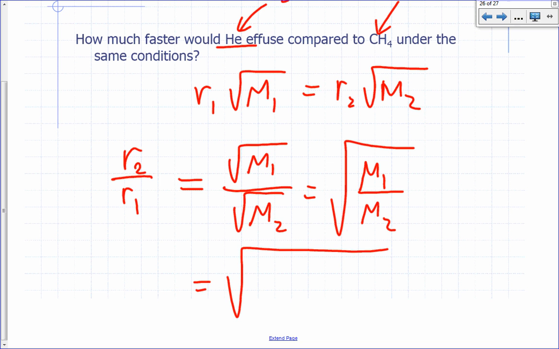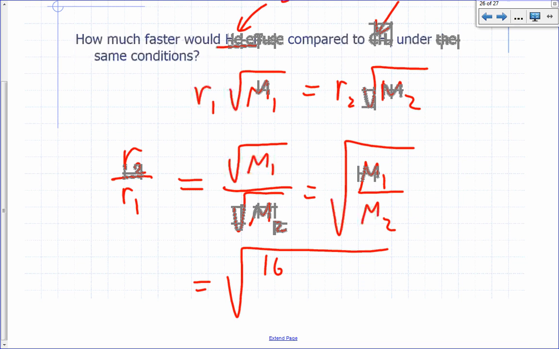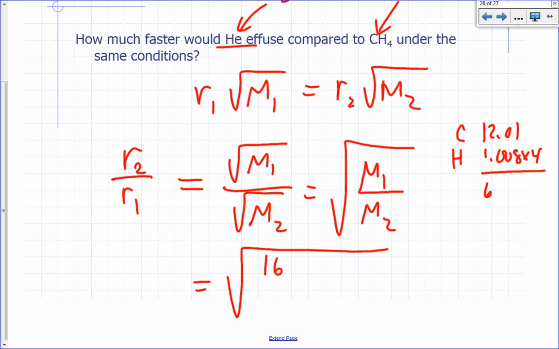So that's square root of molar mass of number 1, methane, so that's 16 approximately. If you want to do it more precisely, carbon's 12.01, hydrogen is 1.008 times 4, so that's 16.03. And helium would be 4.003, you can look it up on the periodic table.